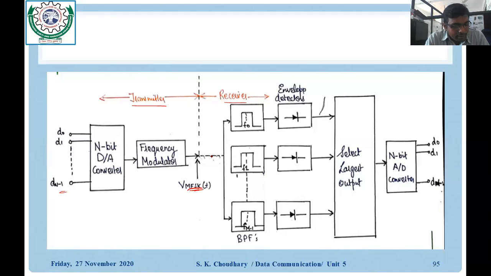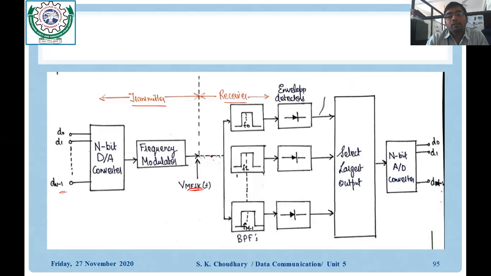In the receiver section, you can see that the incoming signal is applied to M parallel band pass filters, because we are developing M number of symbols. Every band pass filter is tuned to a frequency from f0 to fM-1, depending upon the number of symbols we are receiving.